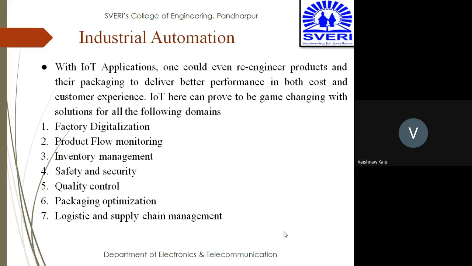IoT can prove to be a game changer with solutions for all the following domains: factory digitalization, product flow monitoring, inventory management, safety and security, quality control, packaging optimization, logistics and supply chain management. These are the things that can be applied for industrial automation.